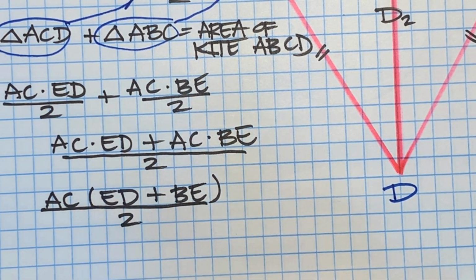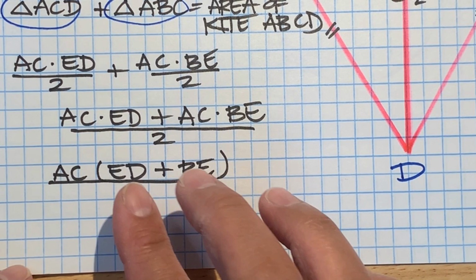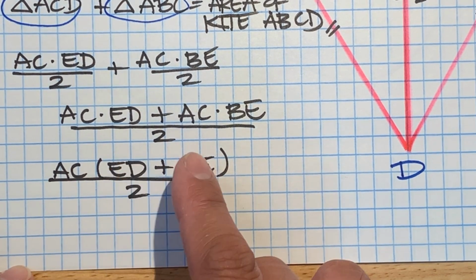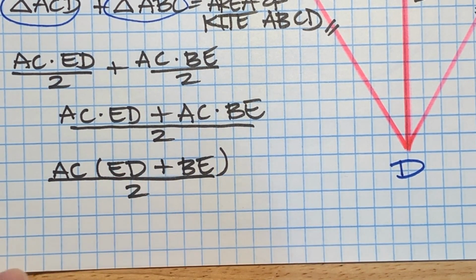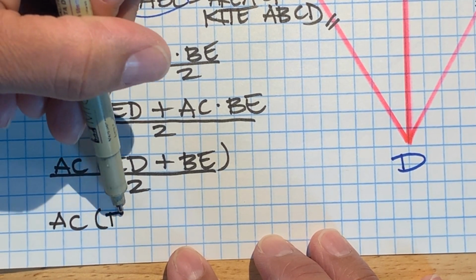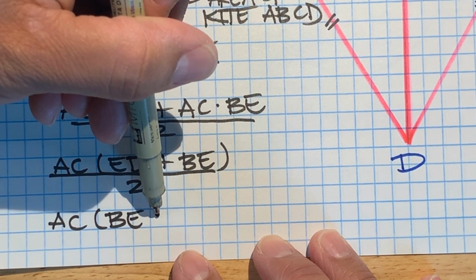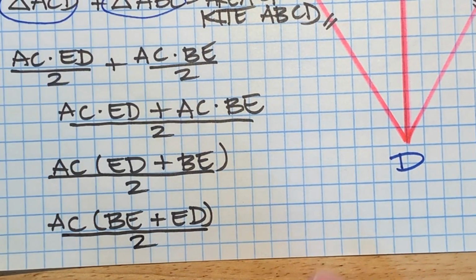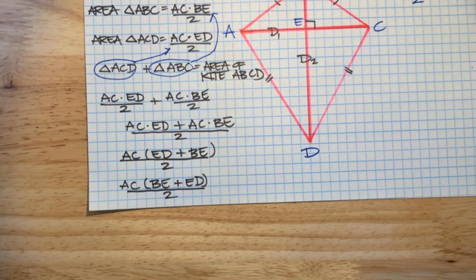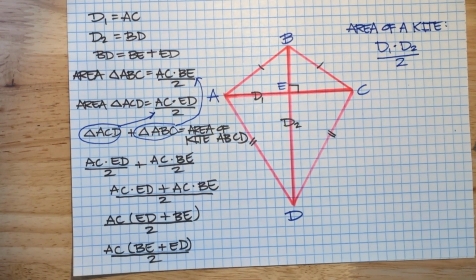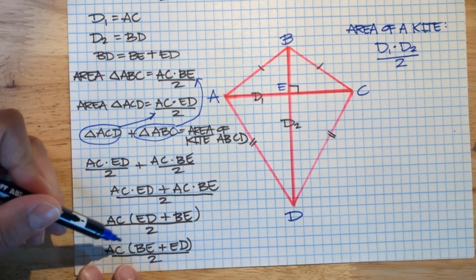Okay, so next, because I did it in a different order, I'm just going to switch these around. Okay, we can do that with addition. So I'm going to put AC times BE plus ED over 2. The reason why I switched those around, let's zoom back and let's look back at what we wrote close to the very beginning.